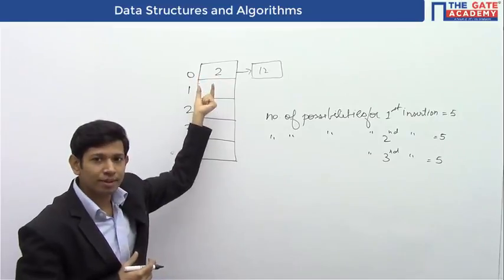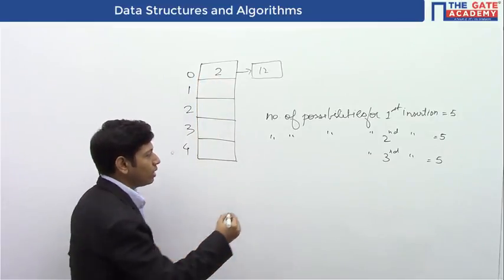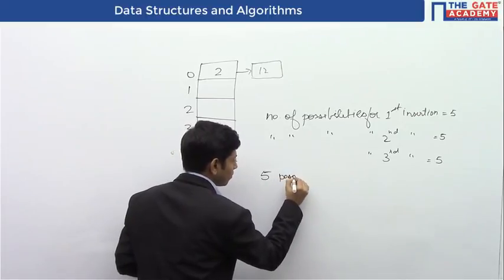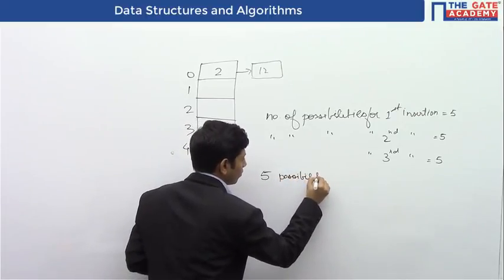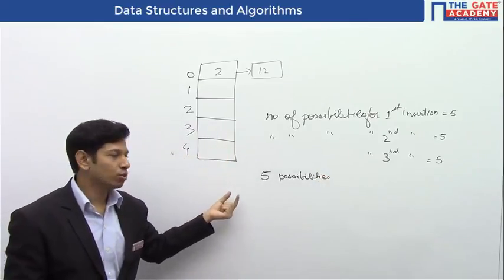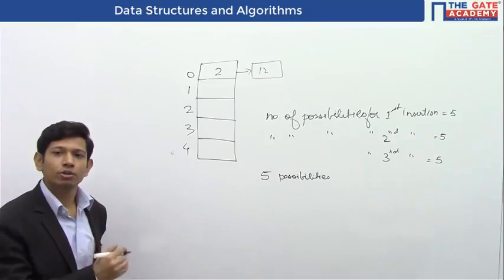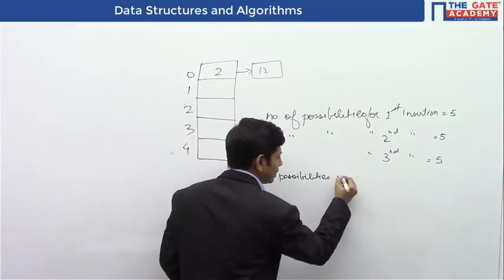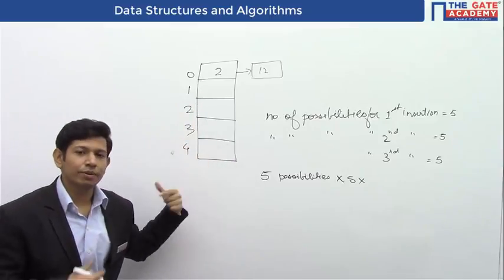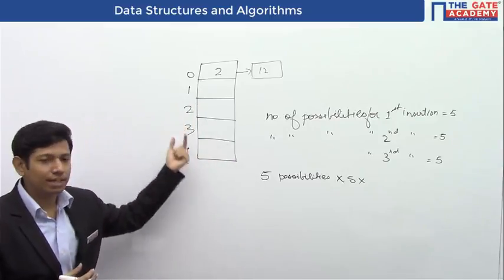The first insertion could have been in any one of these slots. So total 5 possibilities. Following this first insertion, the second insertion could also be in any one of these slots. So that also has 5 possibilities. And similarly, once 2 insertions have been made, the third insertion could also be in any one of these slots.